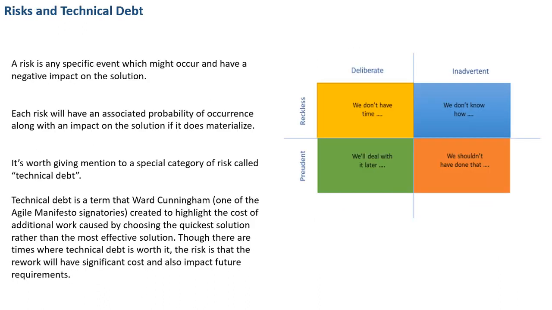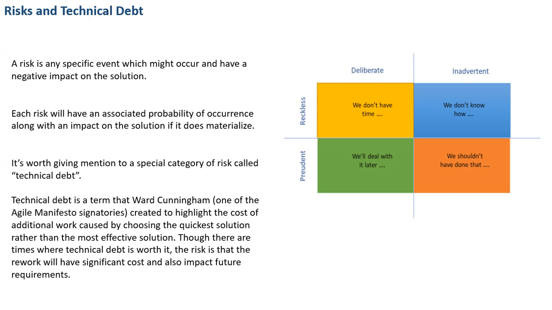So, a bit on risks and technical debt, which is a specific type of risk. As part of the solution architect role, you need to be aware that there will be risks in your solution. Your solution may fail to meet requirements, or may go over budget, or may be difficult to operate.